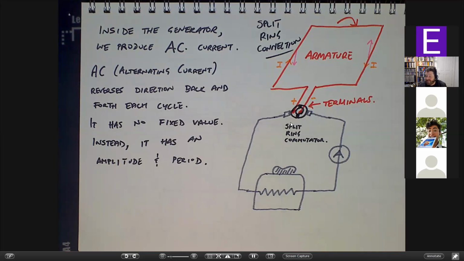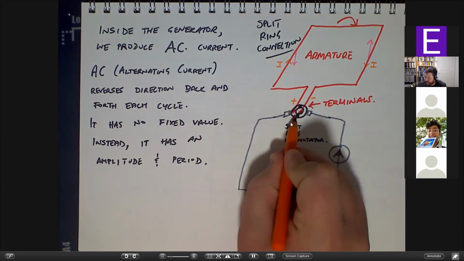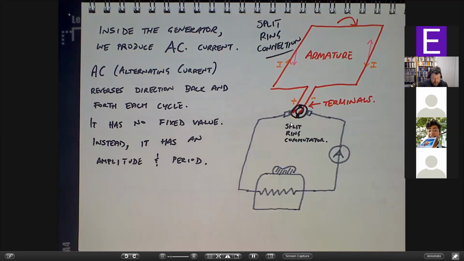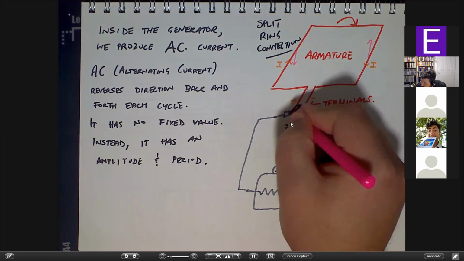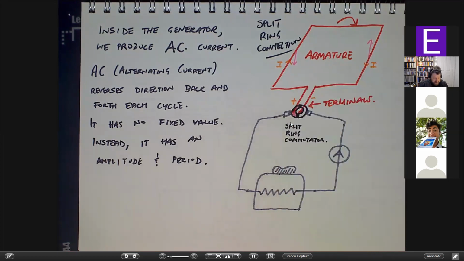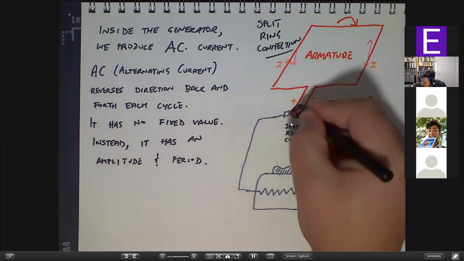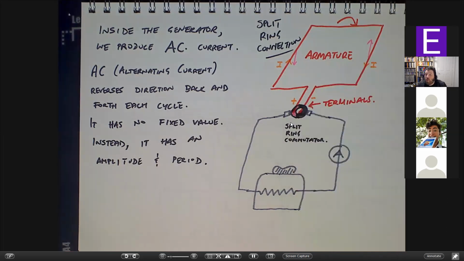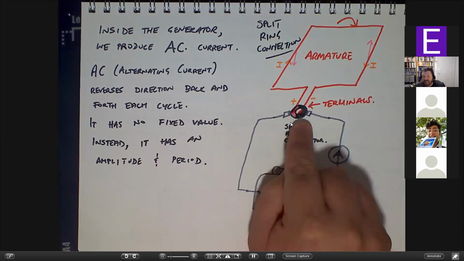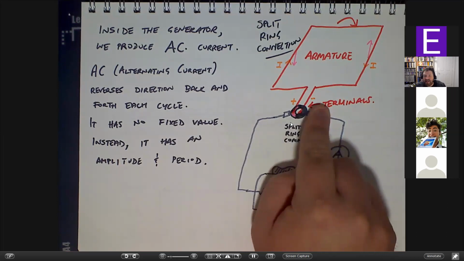So that means when this bit of, let me color code these. I'll make this side of the loop pink and this side of the loop black. Ooh, starting to look a bit like a Pokemon ball. When the black side is on the right, it's going to be negative.